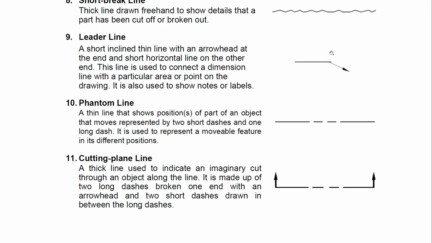So, meron tayo ditong inclined thin line. Pag sinabing inclined, it is also known as diagonal, yung medyo nakapaling na line. Tapos, yung sa dulo niya ay merong horizontal line and then meron siyang arrowhead sa dulo. So, karaniwan yung leader line, ginagamit siya to show notes or labels in the drawing.